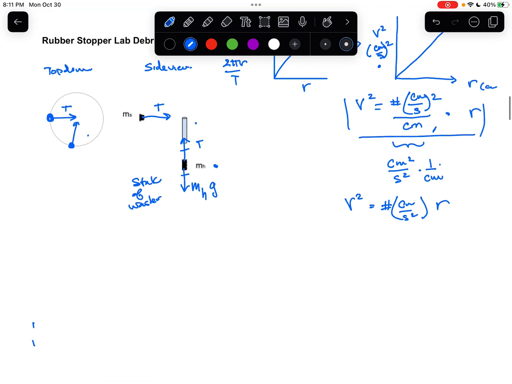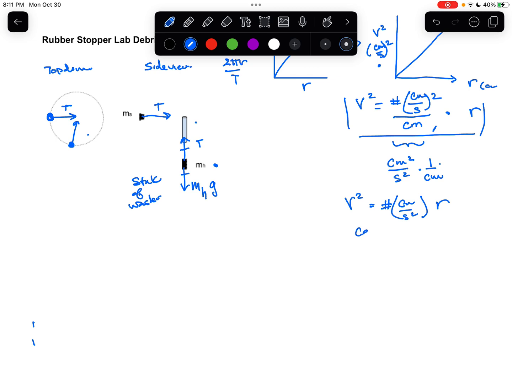Hopefully it jumps out at you that this has units of centimeters per second squared. We recognize this as a unit of acceleration, but not just any kind of acceleration. This is what we call the centripetal acceleration. Remember, at the beginning of the unit, we talked about how the linear acceleration of an object is equal to the parallel component of that acceleration plus the perpendicular component.